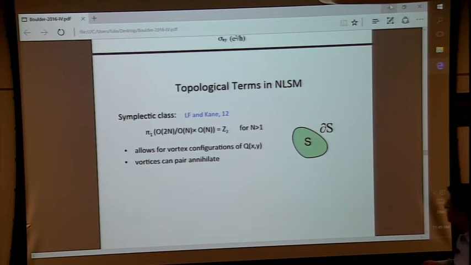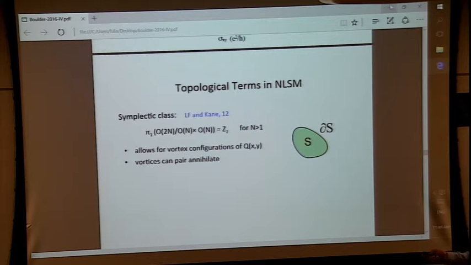So what this says is that in this theory, if we soften the constraint, after all, what's the reason that the order parameter has to have fixed magnitude? Now we know things like the XY transition. In fact, for this theory, when n is equal to 1, O2 divided by O1 cross O1 is essentially a circle.